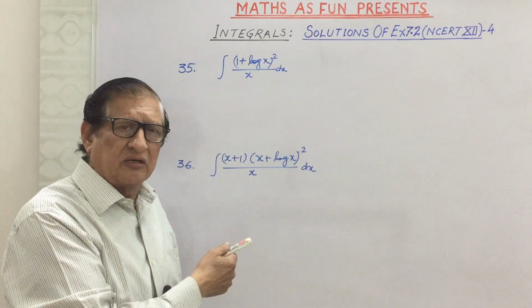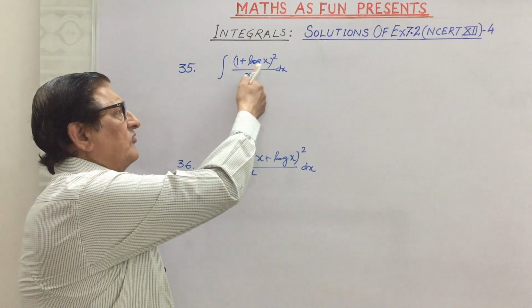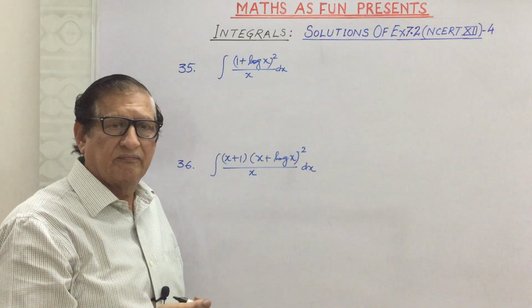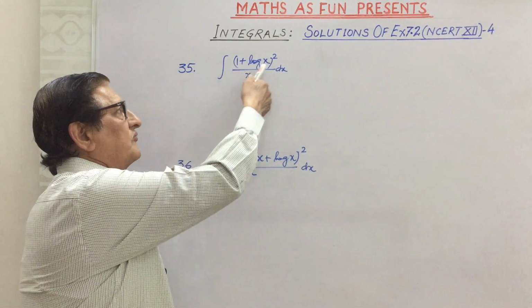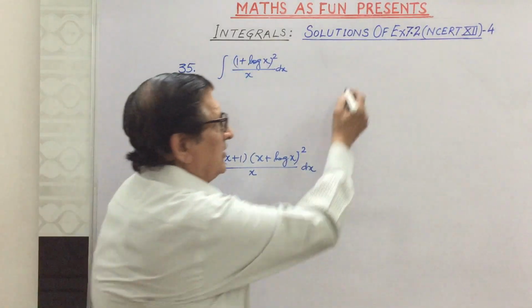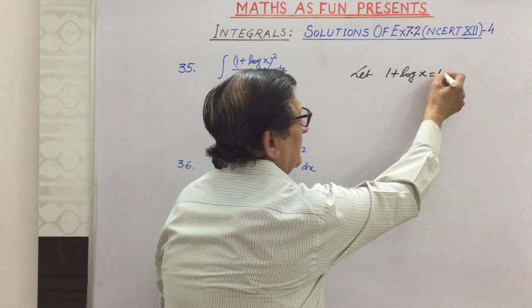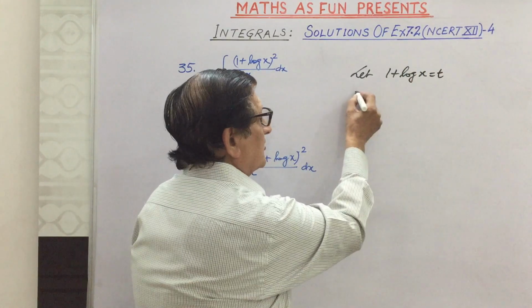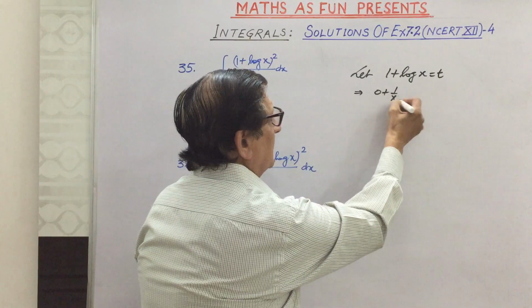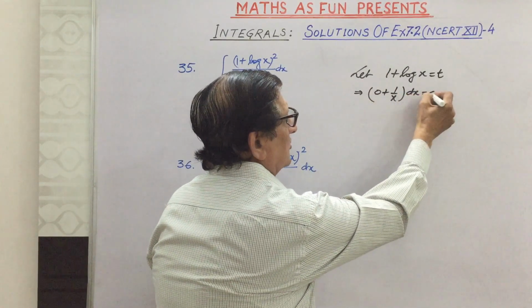35th question is the integral of whole square of 1 plus log x upon x. The question is very easy. We can say here that the derivative of 1 plus log x is 1 upon x. It means we can take this particular function as t. So we take 1 plus log x as t. Differentiating with respect to x, we get 0 plus 1 upon x dx equal to dt.